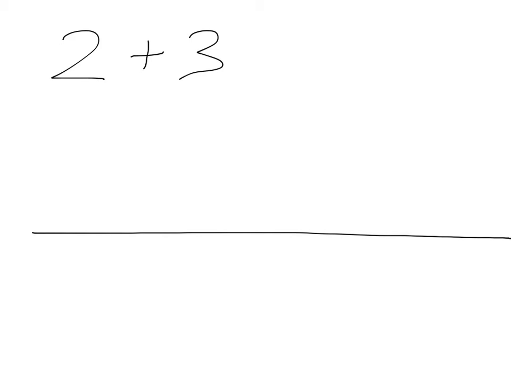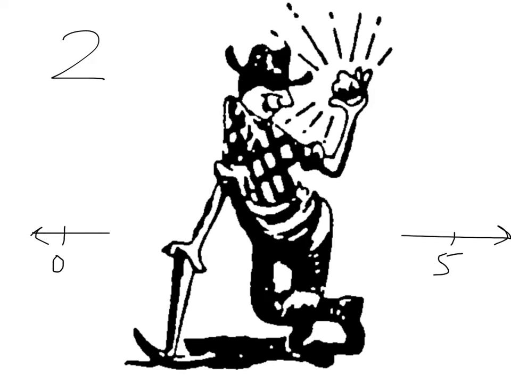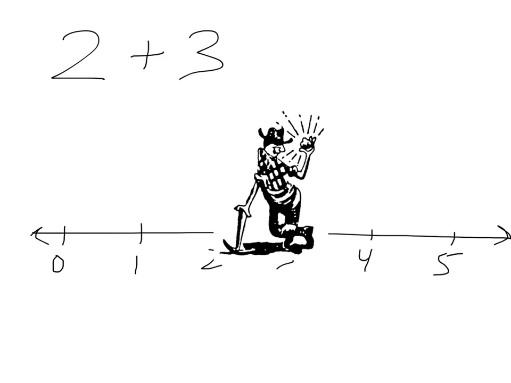So let's say, for instance, I'm going to do the problem 2 plus 3. Let's take a real simple one. I'm going to draw a number line for a second. 0, 1, 2, 3, 4, 5. And then we're going to paste in here our Mike the Miner.